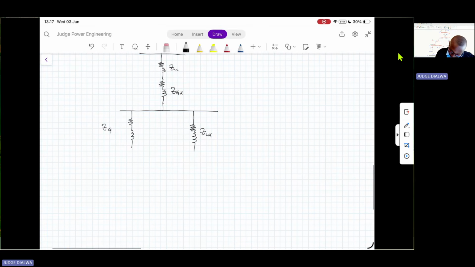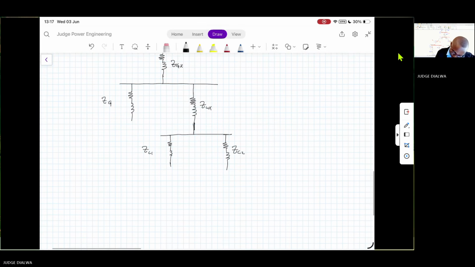So we need to show that this is cable 1, cable 2. So that the impedance of cable 1 and impedance of cable 2. And this will go to unit board A, unit board B.